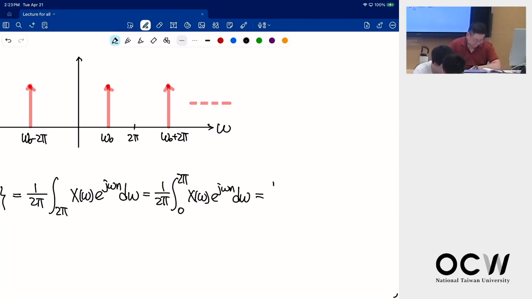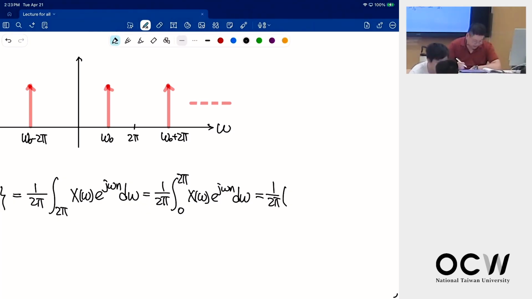So we have 1 over 2 pi, and then, oh, this should be 2 pi. Wait a minute, no. It's a pulse train, so nothing here, 1.